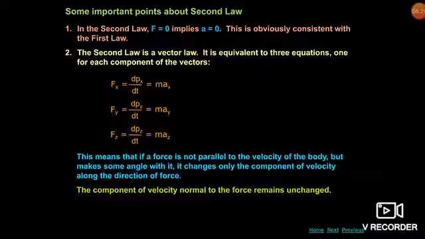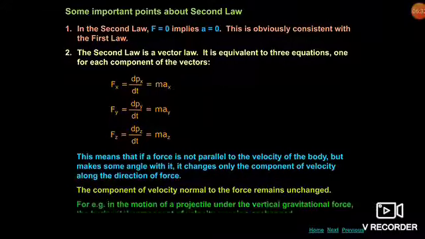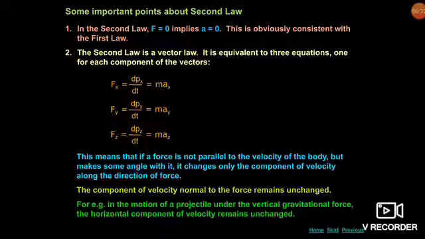The component of velocity normal to the force remains unchanged. For example, in the motion of a projectile under the vertical gravitational force, the horizontal component of velocity remains unchanged. We have seen that there was no change in the horizontal component of velocity.